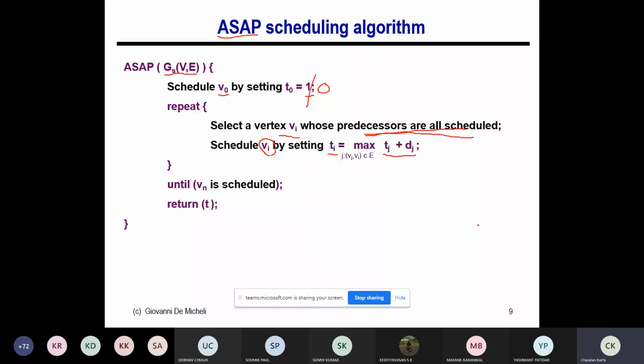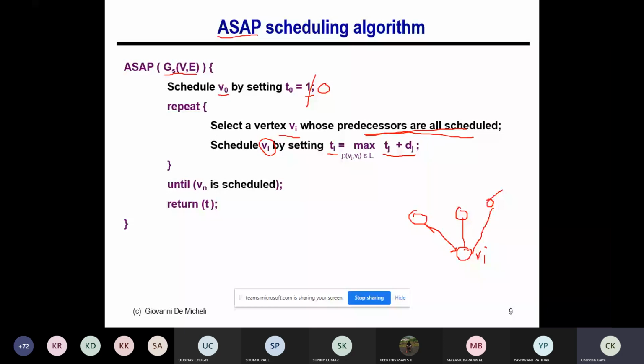Say there is a node here, this is my Vi, and it depends on, say, 3 such nodes.